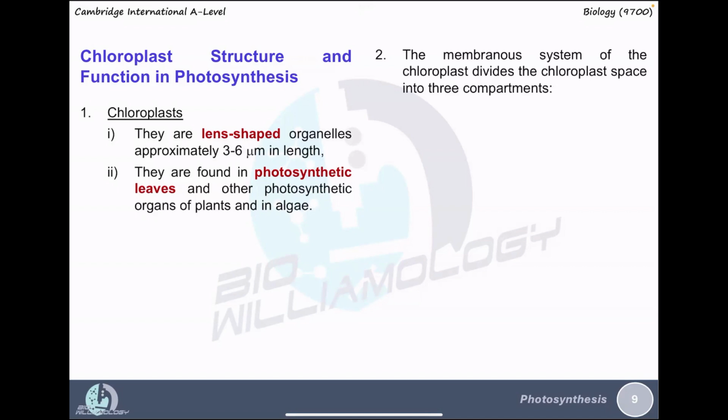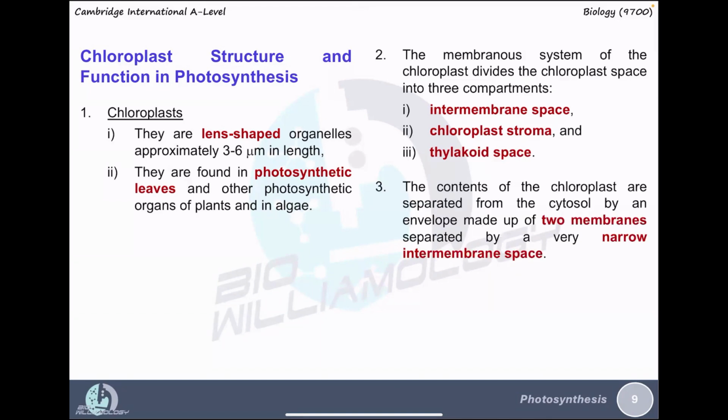In terms of the membranous system, the chloroplast is divided into 3 main compartments. The first compartment is known as the intermembrane space, formed between the outer membrane and inner membrane of the chloroplast. So therefore, the chloroplast is a double membrane bound organelle. The chloroplast stroma is enclosed by the chloroplast inner membrane, as well as the thylakoid space enclosed by the thylakoid membrane.